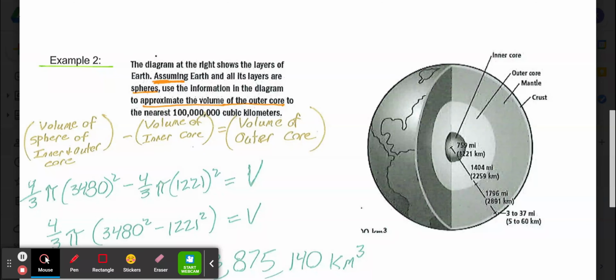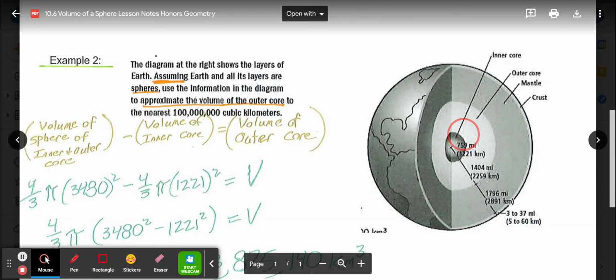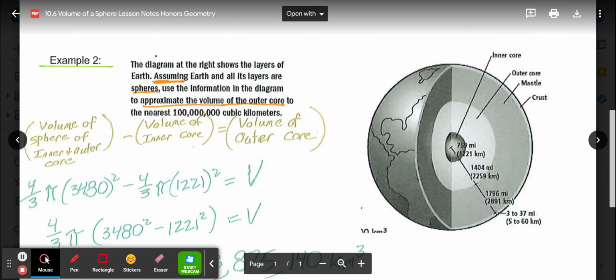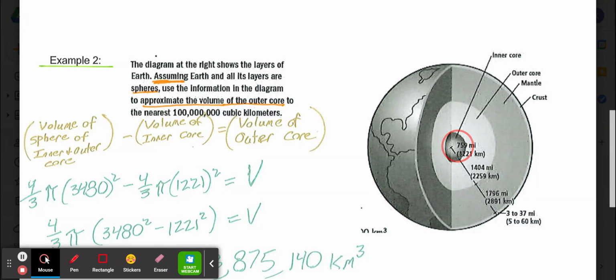So, in this scenario, we have our inner core and the outer core, which make up the sphere that we're going to look at first. So if we take the volume of that sphere containing the inner core and the outer core, and then if we subtract the sphere that's just the inner core, we'd be left with the volume of the outer core.